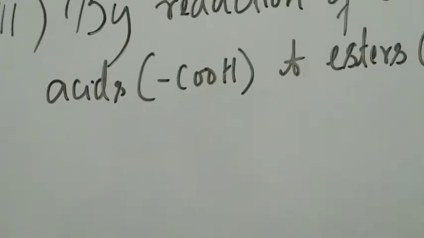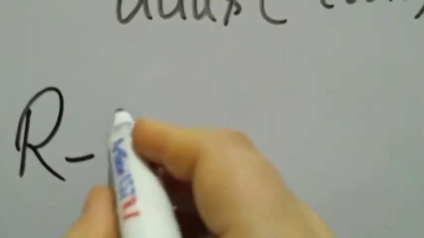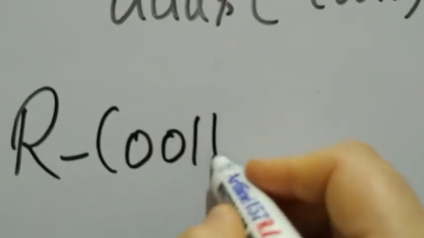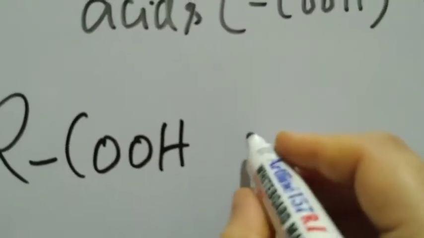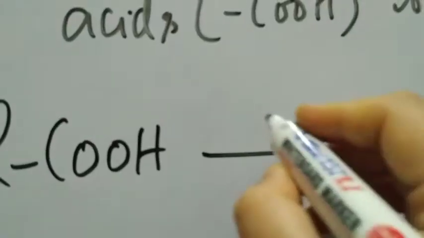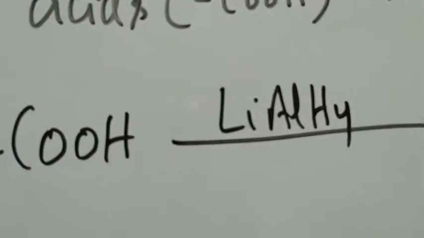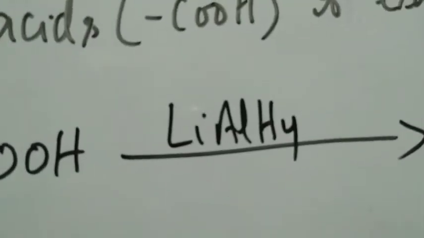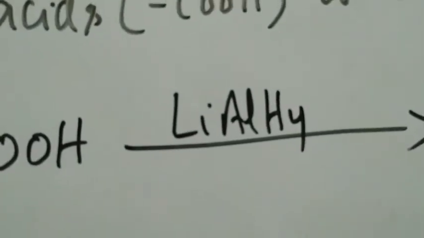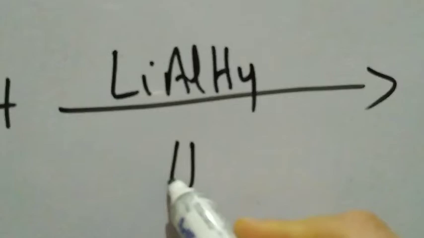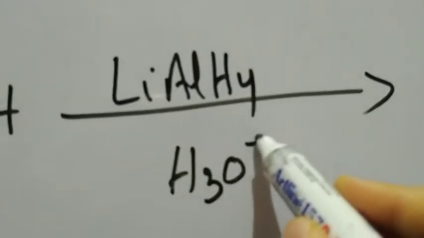Let's do the general reactions first. Let's take a general carboxylic acid, RCOOH. What we do here, as we have learned previously, is use lithium aluminium hydride, a metal complex hydride, as a reducing agent, carried out in the presence of H3O+.